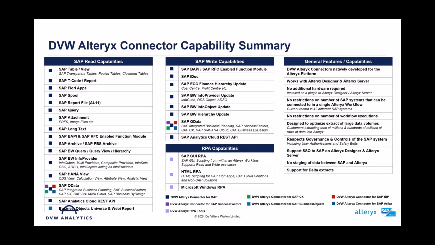Now, back to us, back to DVW Analytics. So within the server, you've got all that great possibilities there, but you've also got a massive different ways of accessing SAP data. We've mentioned tables and T-codes. It's possible, for instance, to run Fiori apps, OData reports, to maybe pull out BW information. There's lots.